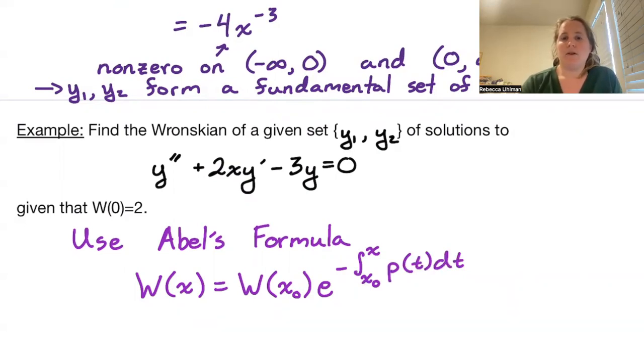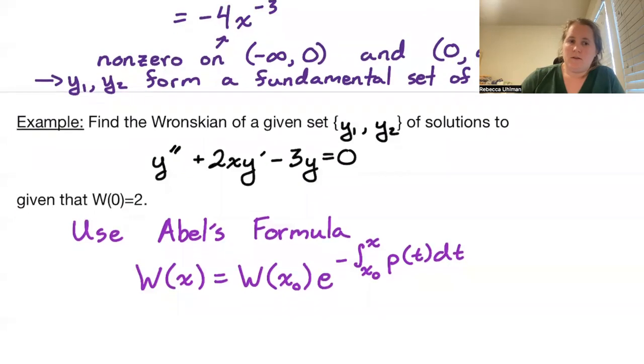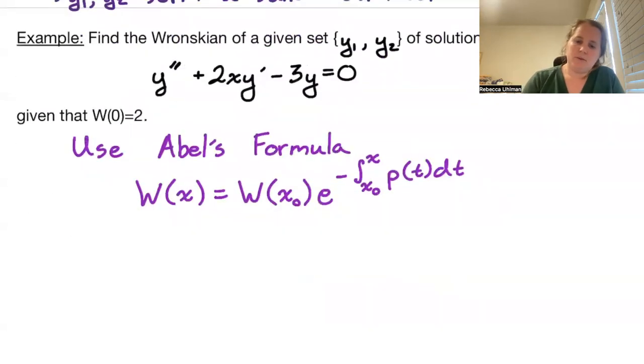So we have all the information we need for that. So in this case, we will use x naught equaling 0.